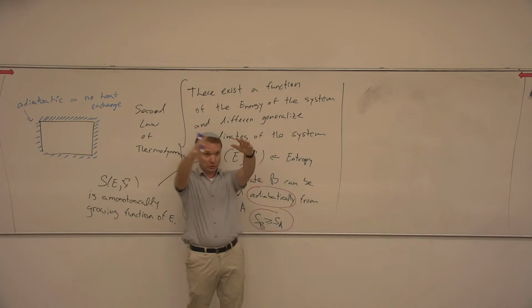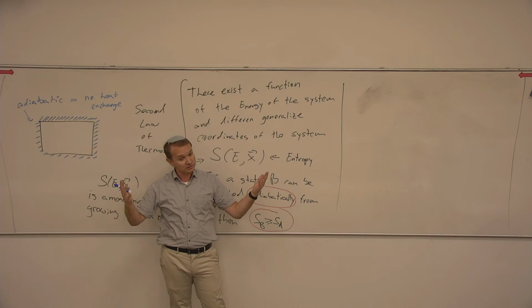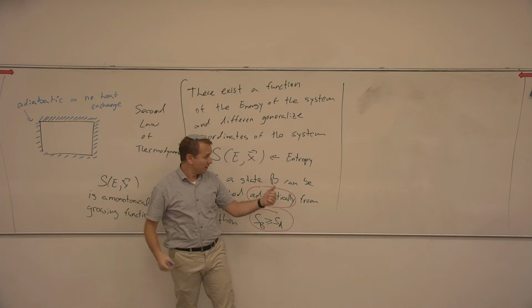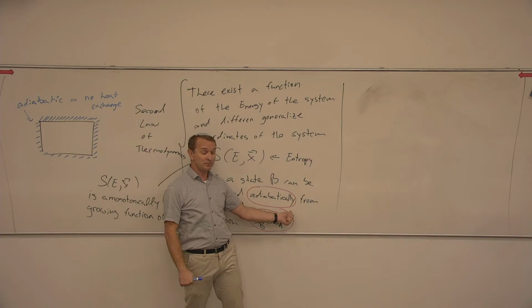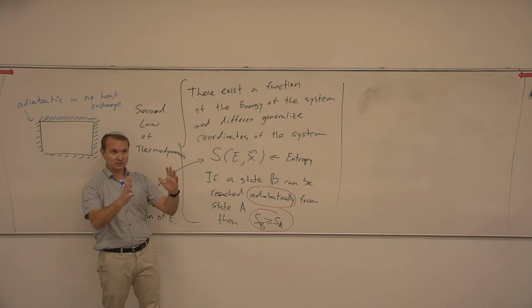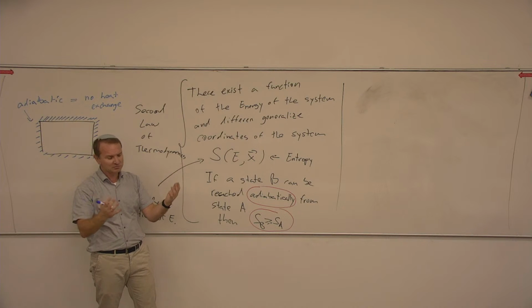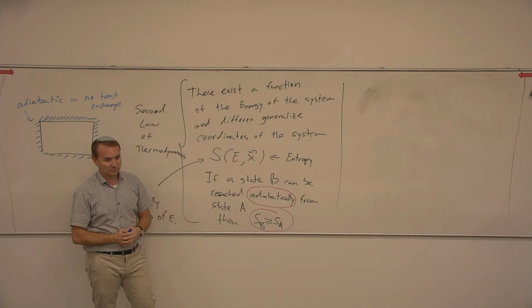But the total entropy has to go up or stay constant if it's at its maximal value. It depends on whether your system is isolated and under adiabatic conditions, then this applies. If you're looking at a system that is part of a big world and there is exchange of heat and everything else, sure, your entropy can go down.